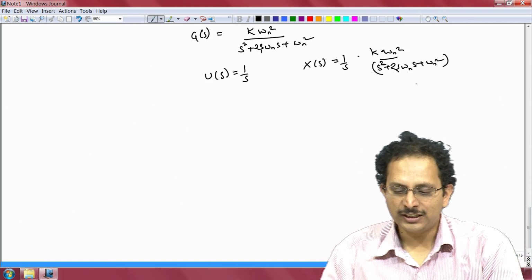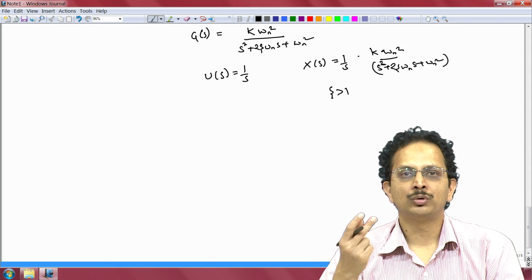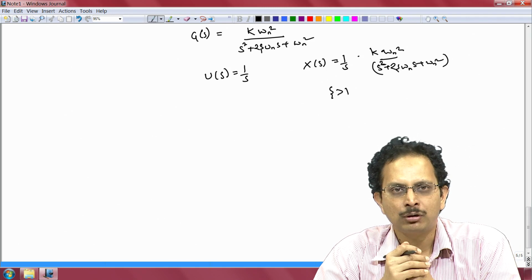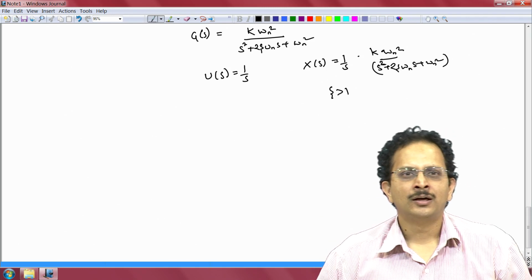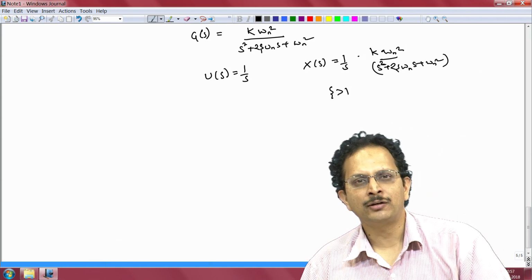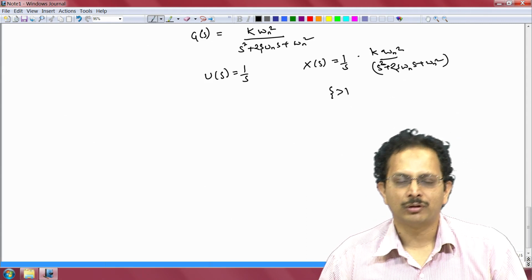Now if zeta is greater than 1, I would have two distinct real roots, in which case I can think of my second order system as a cascade of two first order systems, and therefore the output of the first order system would be the input to the second first order system. It is therefore not a very interesting example to consider.